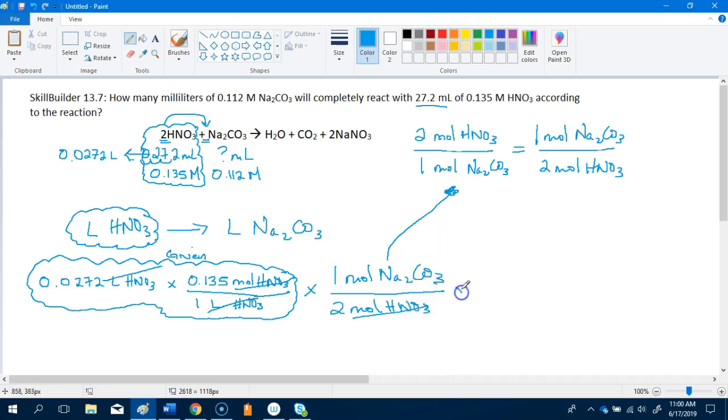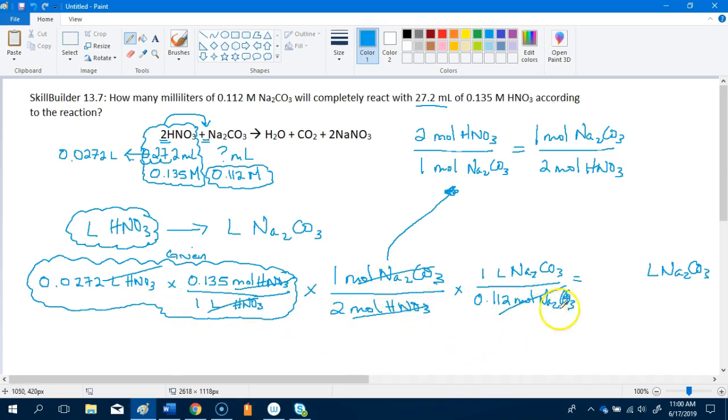Then lastly, I'm going to use my concentration of Na2CO3, and I'm going to do 1 liter of Na2CO3 on the top, so that I can get my final answer in liters, because whatever unit I have on top here is going to end up being what is in my answer, and that's going to leave me with 0.112 moles of Na2CO3, and that cancels out here.